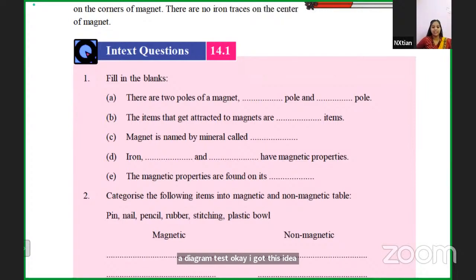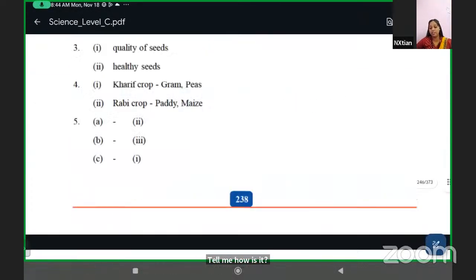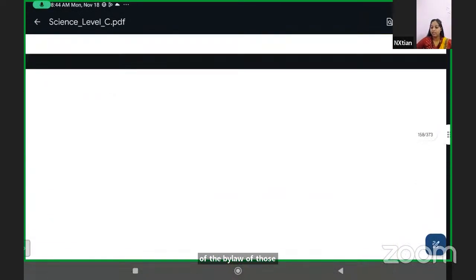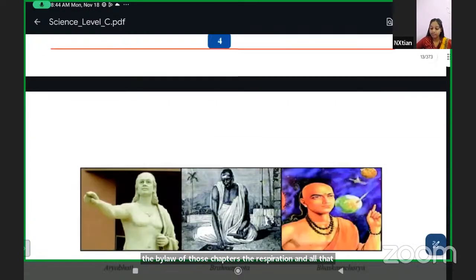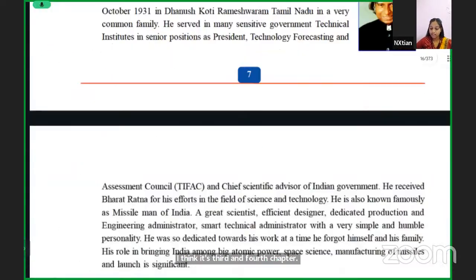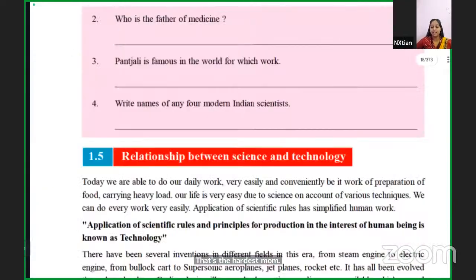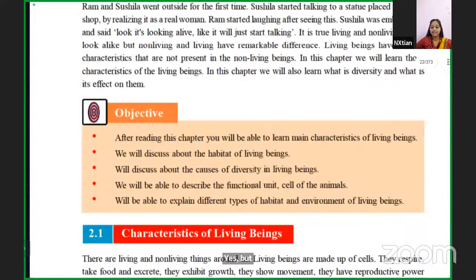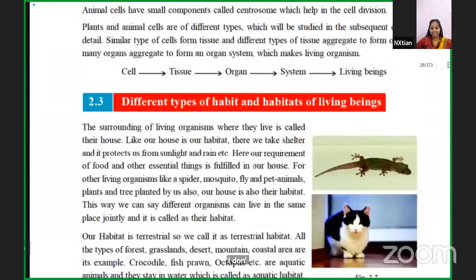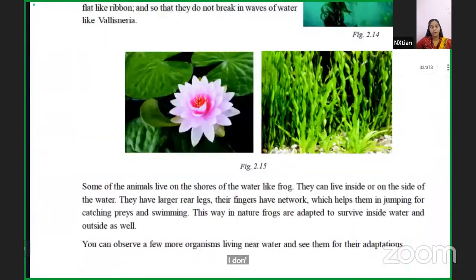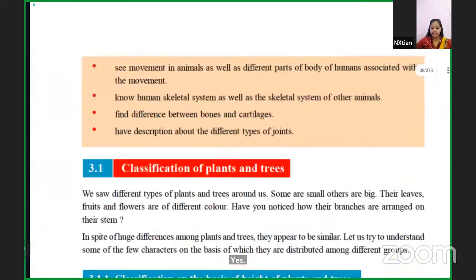Tell me how is it of the biology of those chapters, the respiration and all that. I think it's the third and fourth chapter. That's the hardest, ma'am. Yes, I think all the diagrams are important, especially the third and fourth chapter. And that's the only chapter in science that I don't like. It's only diagrams.